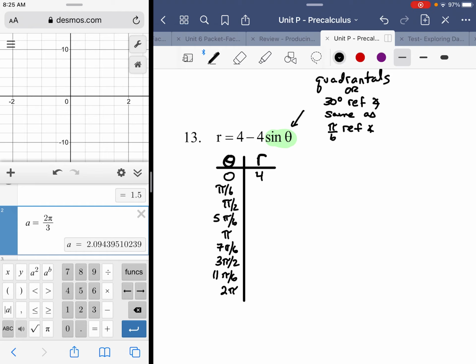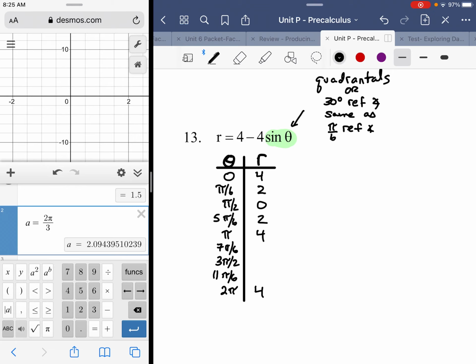All right. 0 gives you a 0, so that's a 4. Pi over 6 gives you a 1/2. Negative 4 times a 1/2 would be -2. So 4 minus 2 is 2. Sine of pi over 2 is equal to 1, so 4 minus 4 is 0. 5 pi over 6 is a 1/2, so same answer as the pi over 6, so 2.